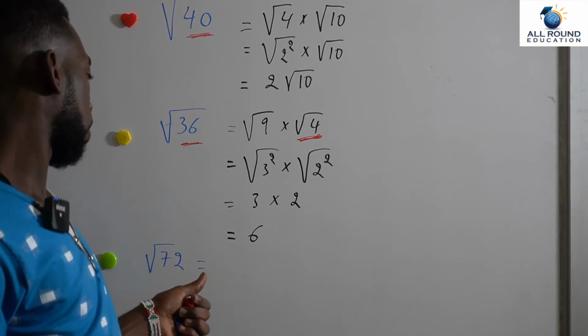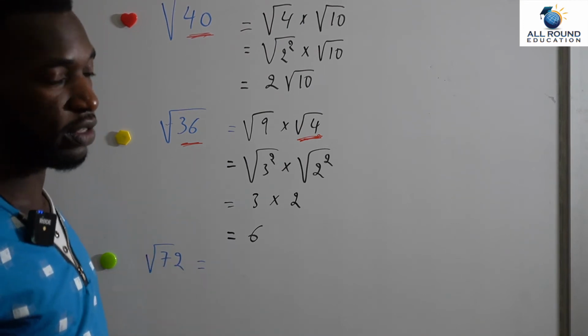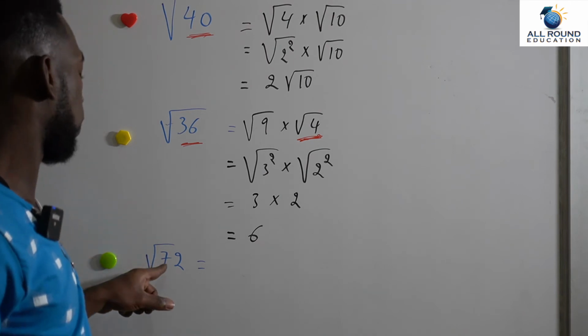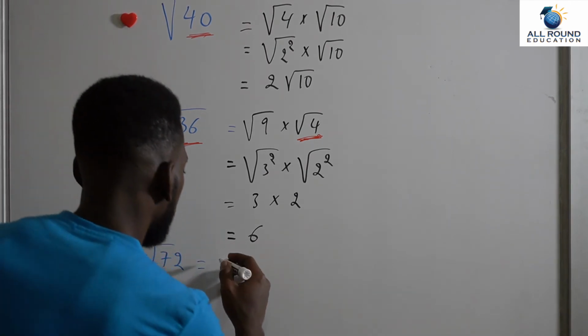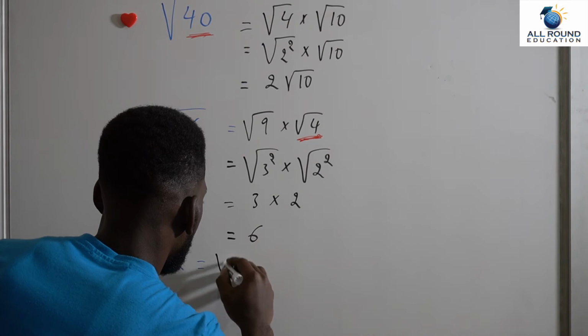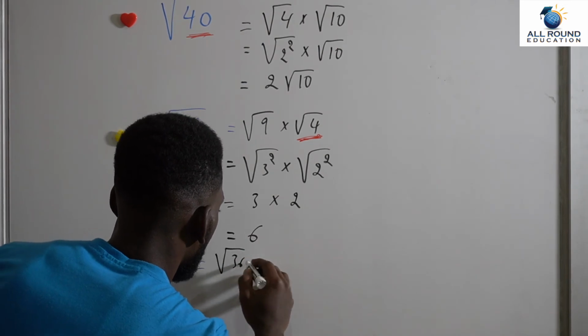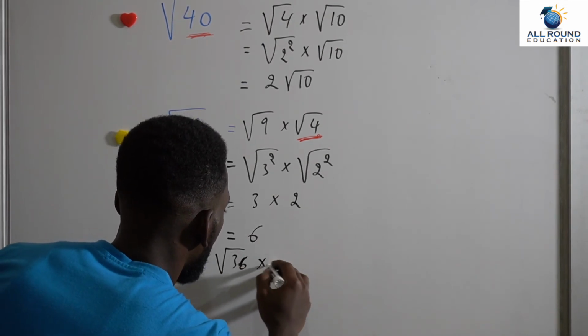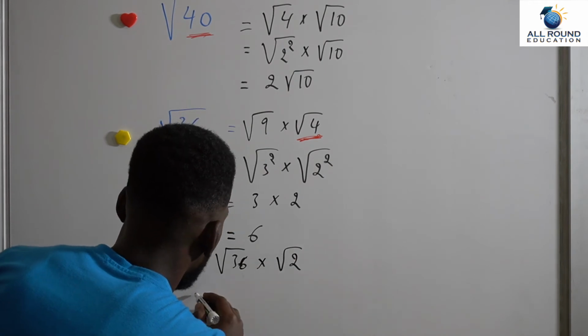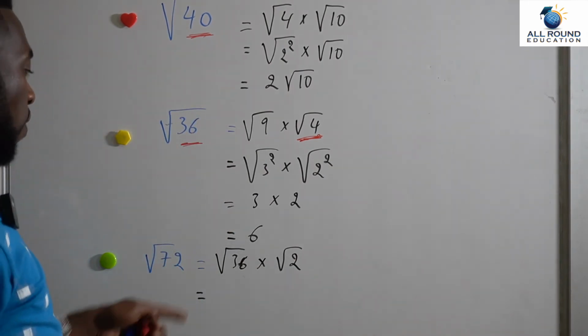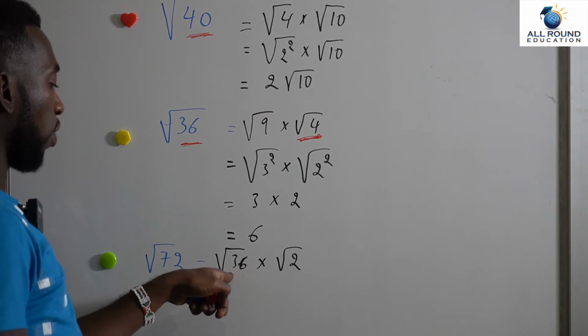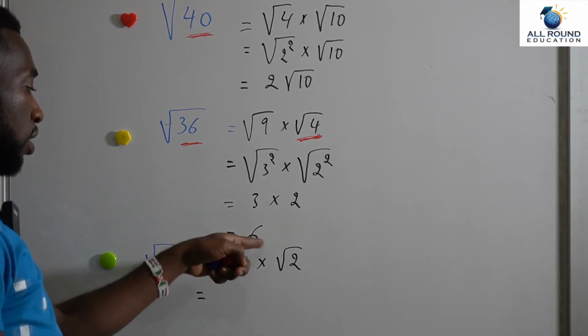What about we break this down into 2 parts first of all, because we know that square root of 72 is the same as square root of 36 times the square root of 2. Now, with this, we have already seen the answer. We have already seen the answer for square root of 36 is 6, right?